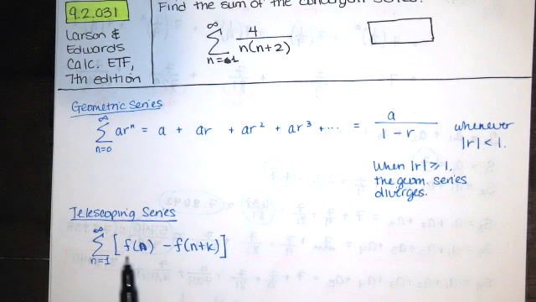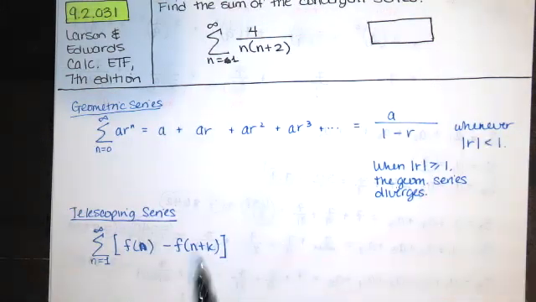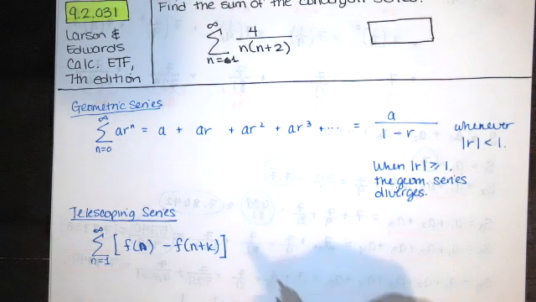And because we've got the opposite signs, because we'd have an f of 3 in one expression and a negative f of 3 in another expression, those would end up canceling. So if the series can be written in this form, I'm using k equals 1 just for example, but it doesn't have to be k equals 1, then the sum of the series can be found by finding the nth partial sum.